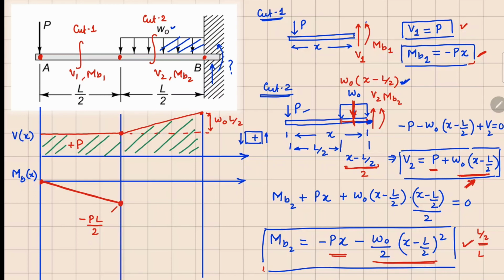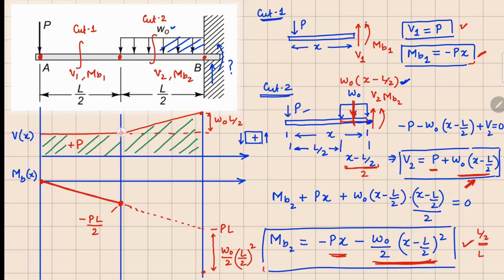Now for the second term, we are going to get minus PL from here, and that value PL is nothing but, if I take this line and continue like this, this is the value which is minus PL right here. But to this value we are going to add this term also, which will give you minus W naught over 2 times L by 2 whole square, right? So we are going to further drop this value by this distance, which is W naught by 2 times L by 2 whole square, right? Since in the negative direction, it's going to drop there.